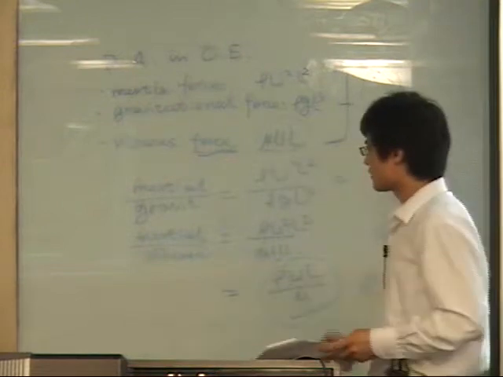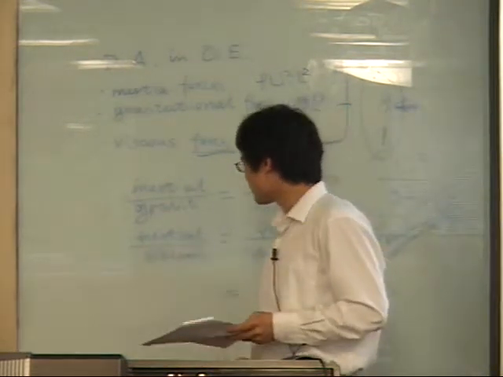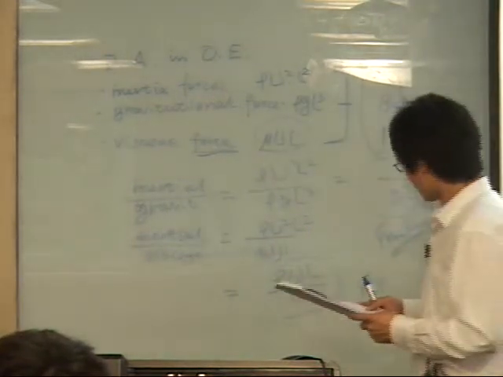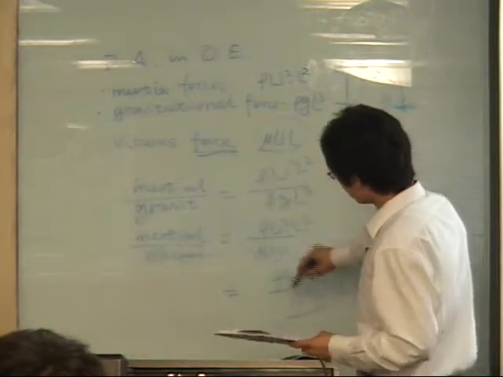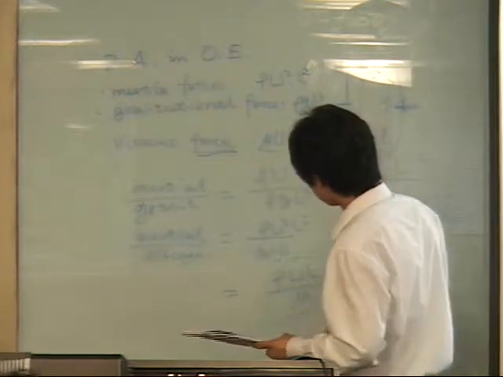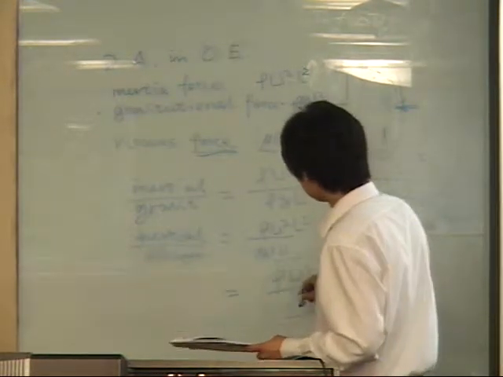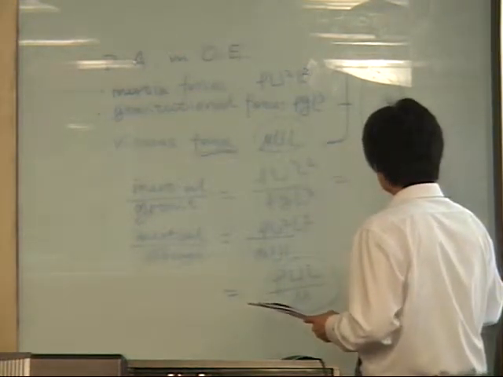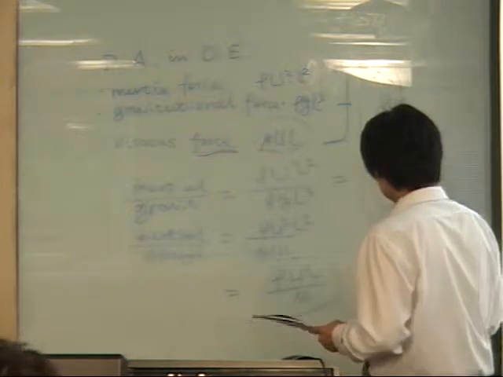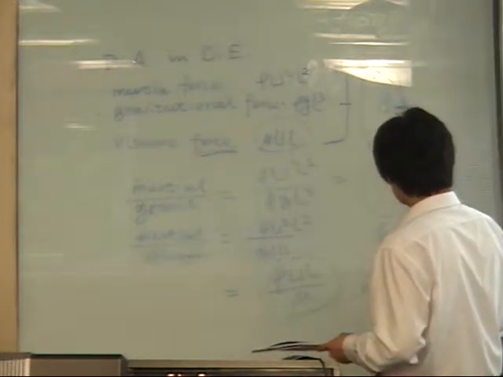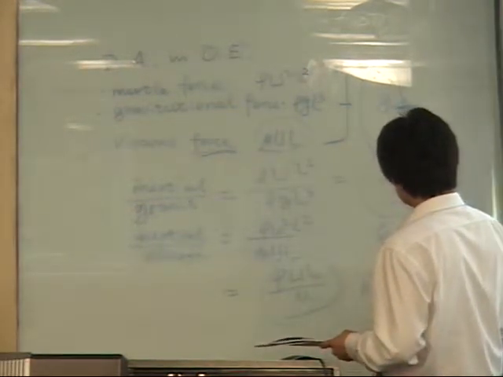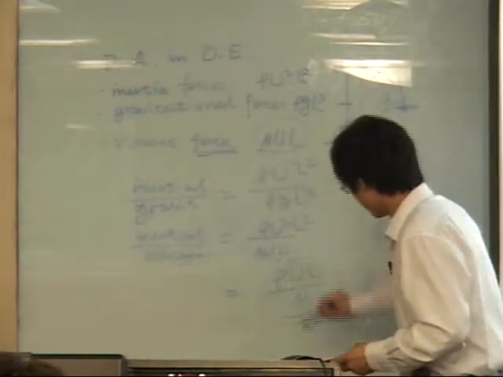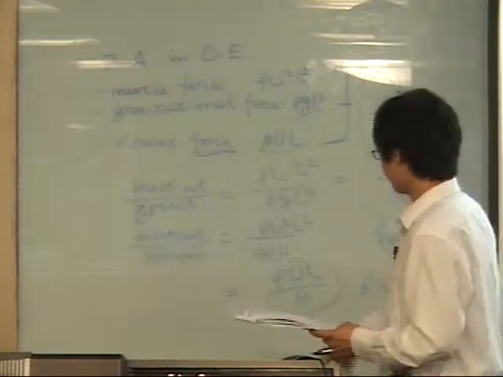It represents the relative importance between the inertial force and viscous force. So in reality, we do not use dynamic viscosity, we use kinematic viscosity, which is nu, so U L over nu. You can see nu equals mu over rho, right? So you move this to the denominator.